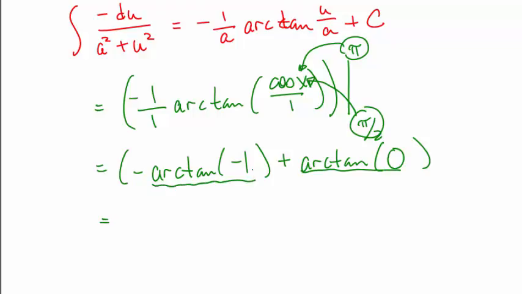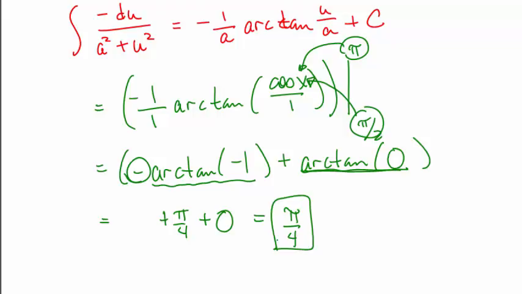The arctan is defined between negative pi over 2 and positive pi over 2. So what angle would give us a tangent value of negative 1? Would be negative pi over 4. Then I have to take care of that negative. So that's positive. Then arctan of 0, what angle gives you a tangent value of 0 is 0. So this would equal pi over 4.